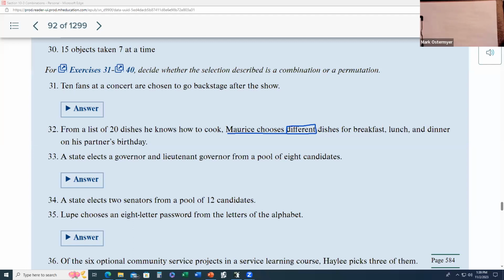All right, number 33, what do you think? The state elects a governor and lieutenant governor from a pool of 8 candidates. Do you think order matters here? No. Well, is there a difference in the offices of governor versus lieutenant governor?